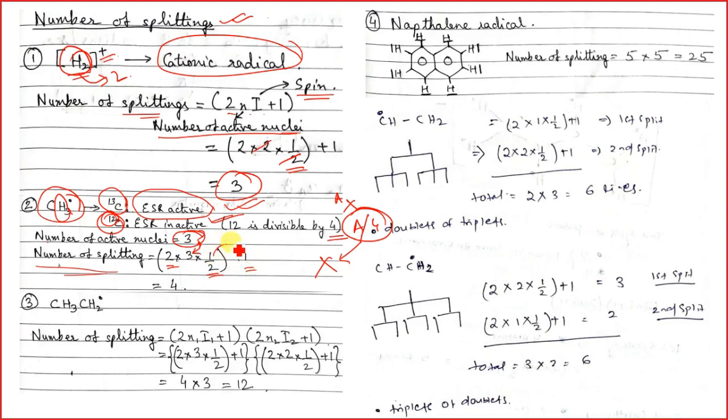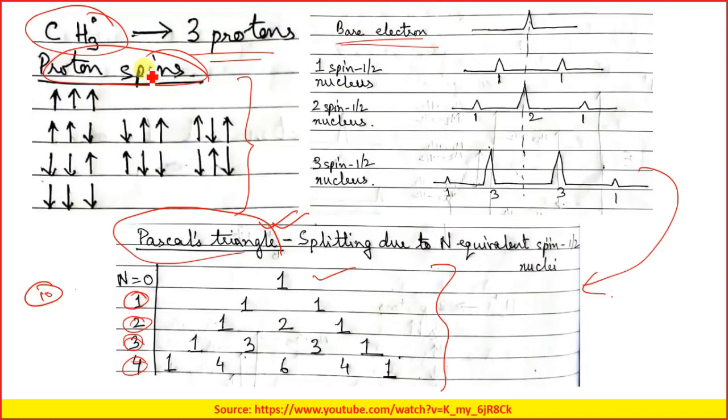This half is the spin quantum number of the proton H. So this comes out to be 4. Now if you look over here, for CH3 dot, we were having 4 peaks, and this was the pattern we were talking about: 1 is to 3 is to 3 is to 1.